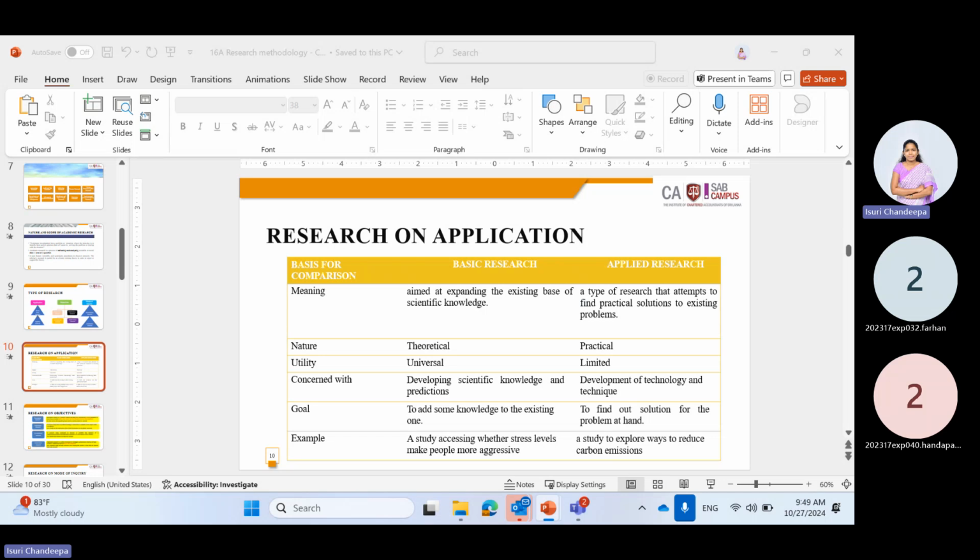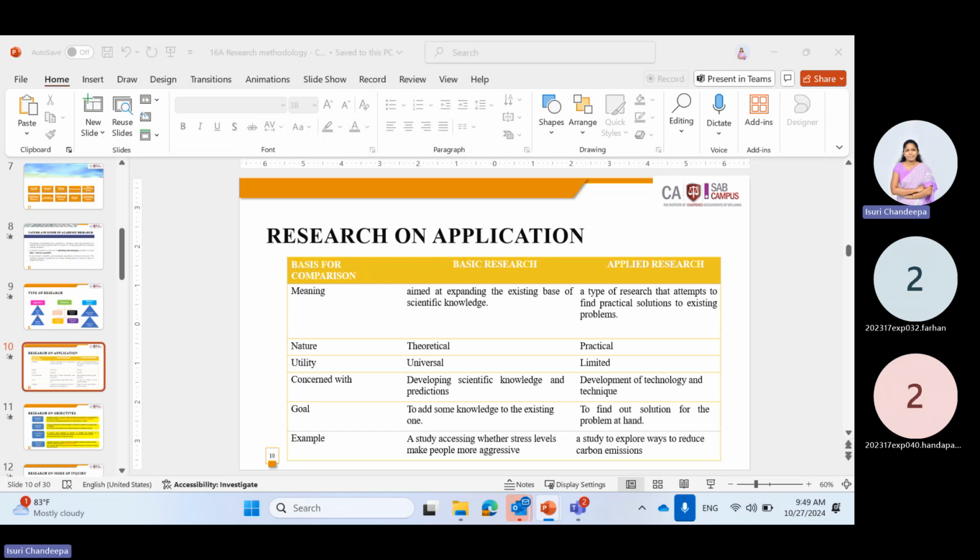Whereas applied research, what do you mean by applied research? Practically, we are going to find the answers for a specific problem identified as the applied research.